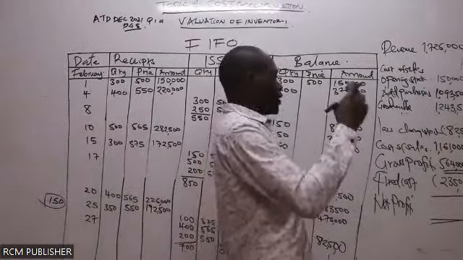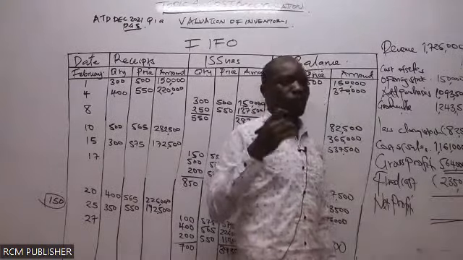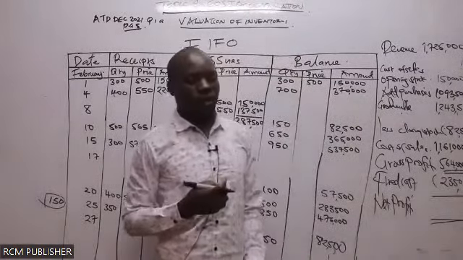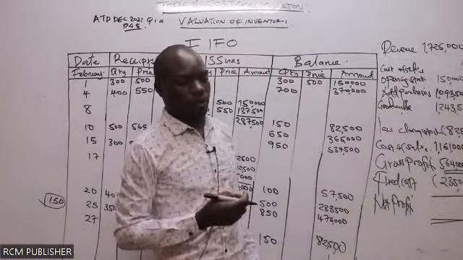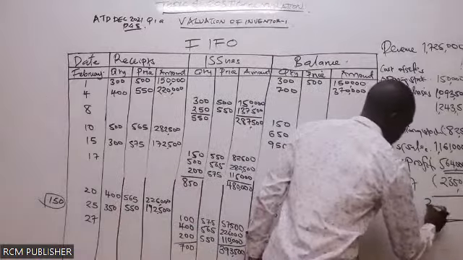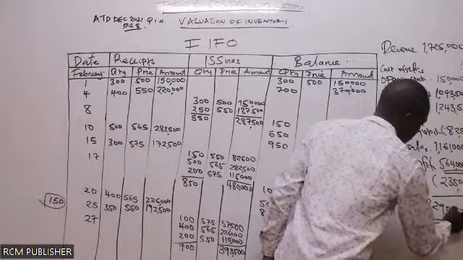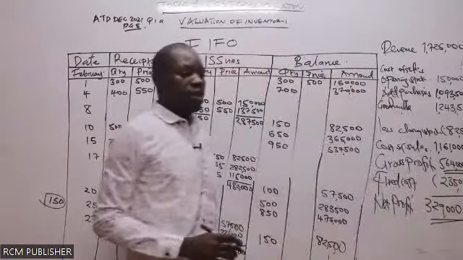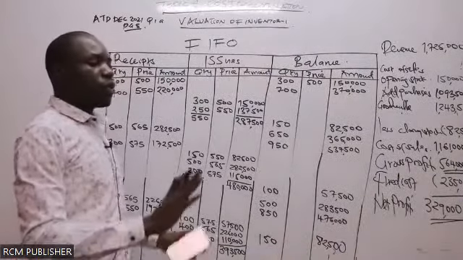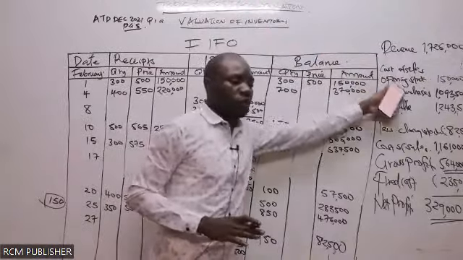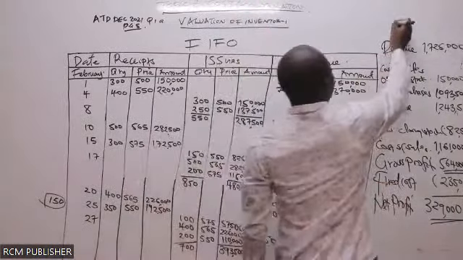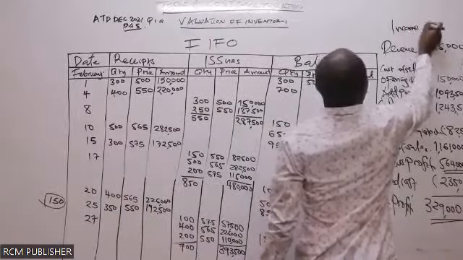It is gross profit minus fixed costs or operating expenses for us to arrive at the net profit, 329,000. So what we've prepared here is basically an income statement.